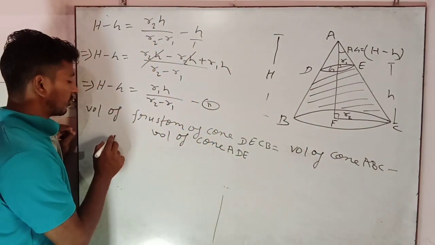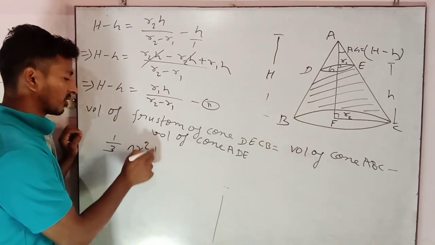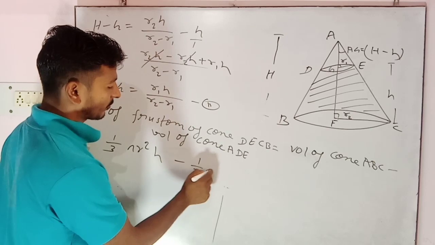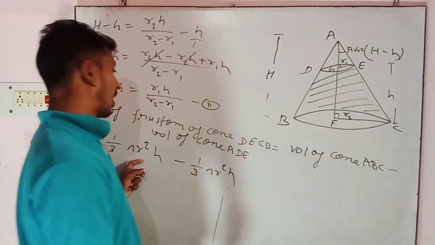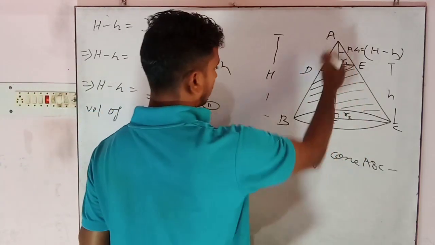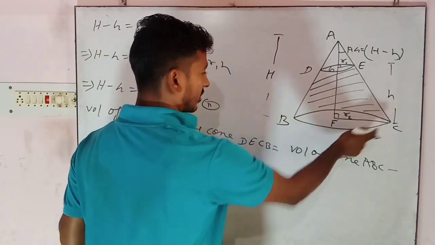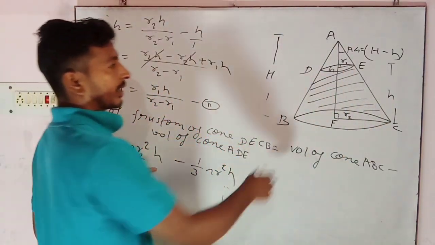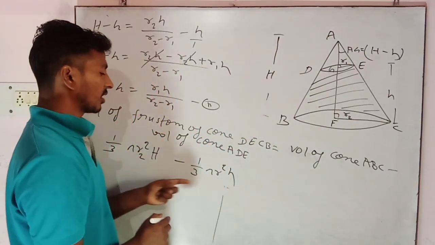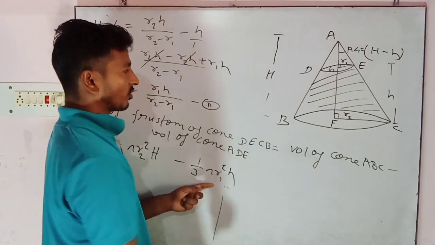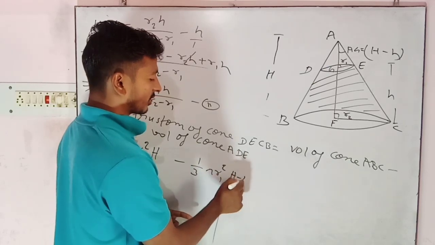Now, what is the formula for volume of cone? 1 by 3 pi r square h. This is also 1 by 3 pi r square h. Now, in place of r, what will we write? Because this is big cone ABC and the radius of cone ABC is R2, so we write R2, and height of big cone is capital H, so we write capital H. Now, radius of the small cone is R1 and the height of the small cone is capital H minus small h.